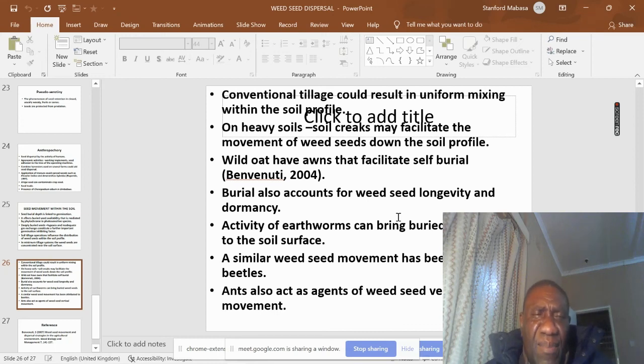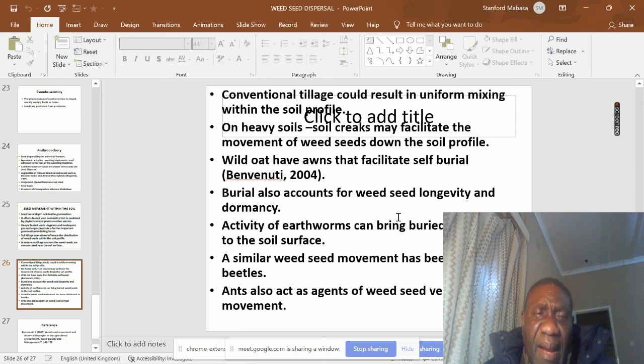Now, some weed seeds can penetrate into the soil using awns as they acquire moisture. They tend to stretch. When they stretch, they actually force the seed to go into the ground.